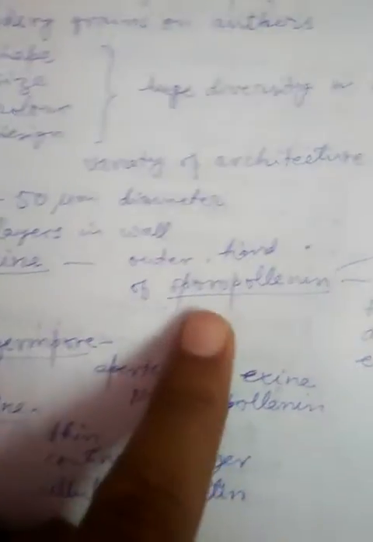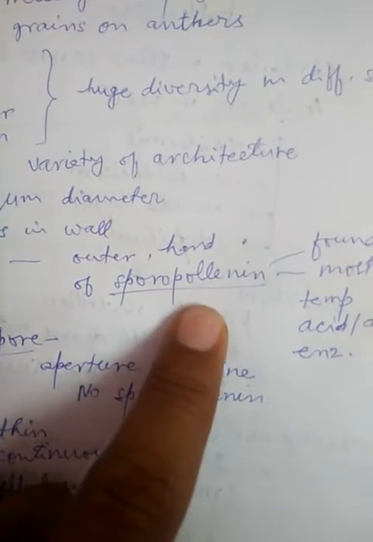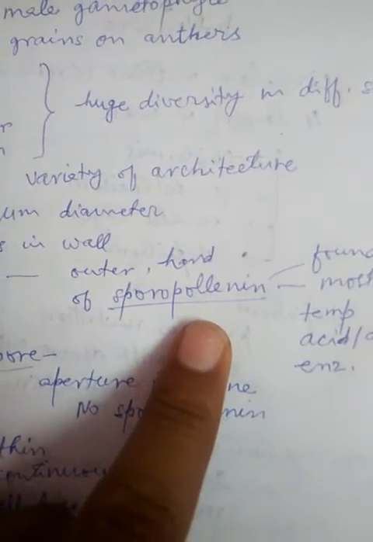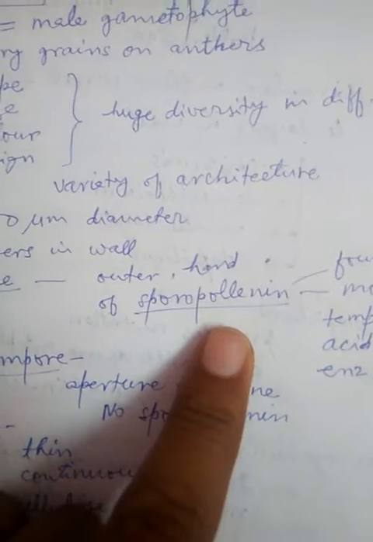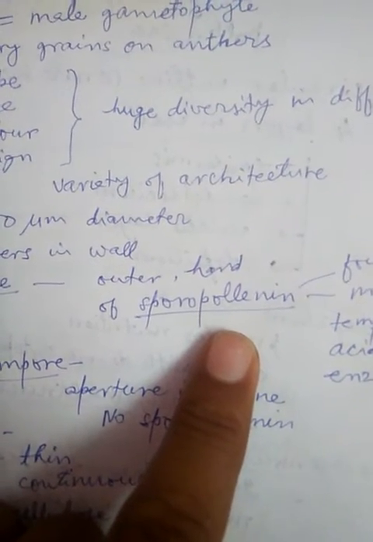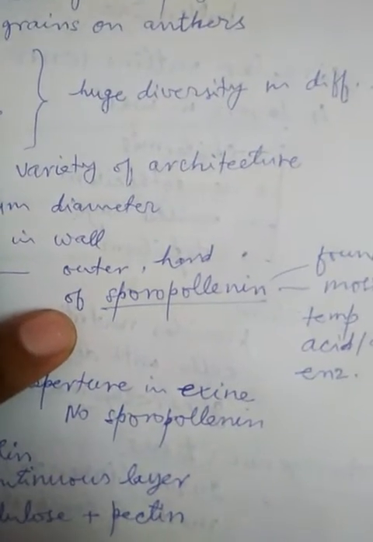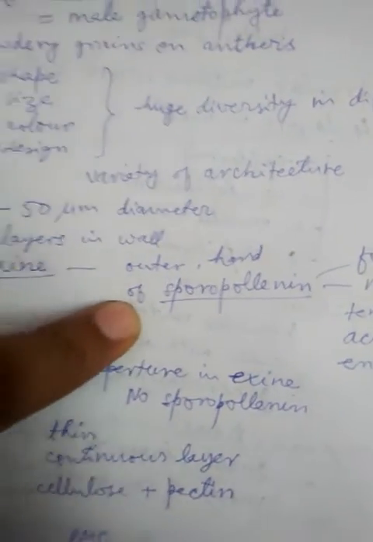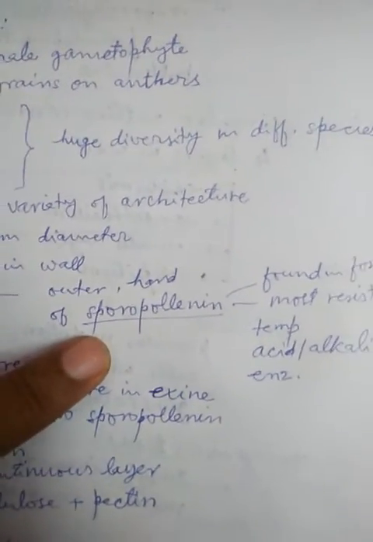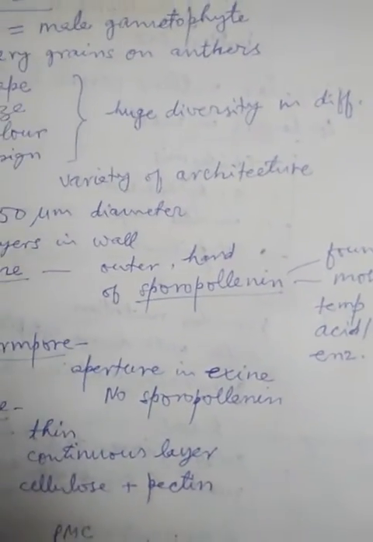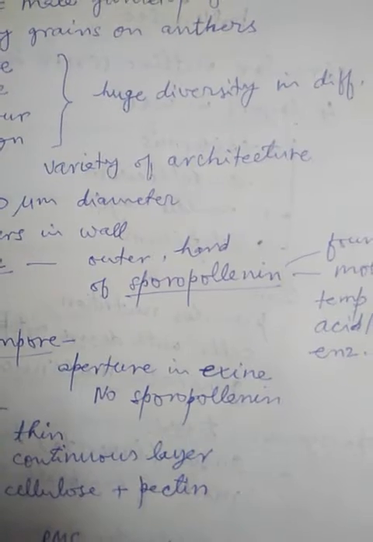It is made up of a substance which is called sporopollenin. So let me tell you that this term sporopollenin is very important, and this has been asked so many times in competitive examinations, and this is the most resistant organic material present on earth.